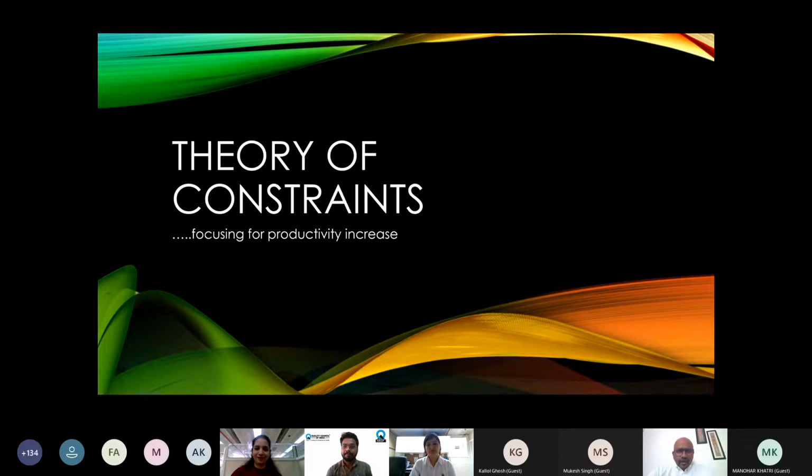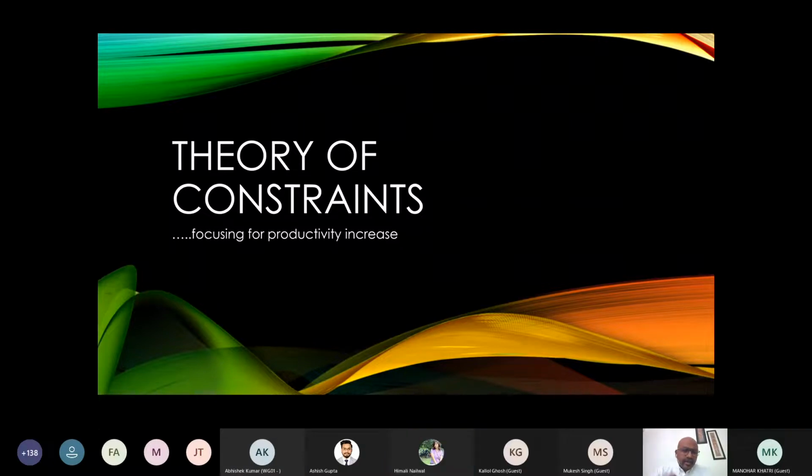Okay, we've heard of theory of constraints, and why is it such a talked about subject? Because theory of constraints is universally applicable. When I say universally applicable, that means it is applicable to a project-based organization, a retail organization, a manufacturing organization, the food industry, the auto industry, the electronics industry.